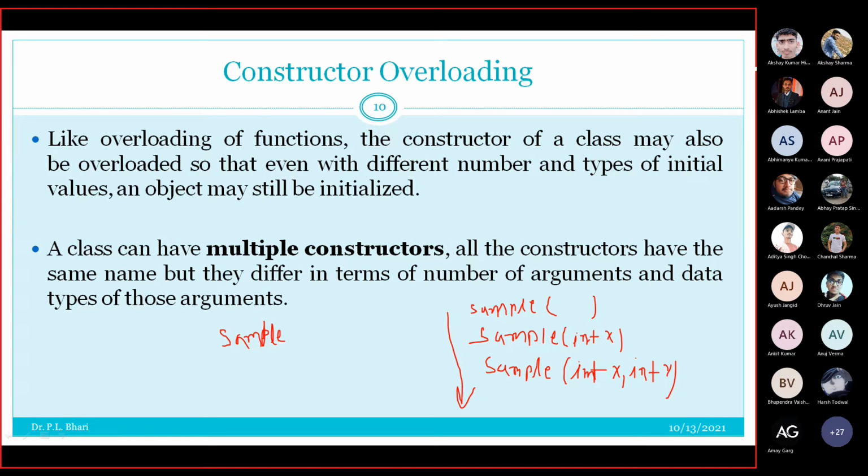So if there is a constructor P, we create an object for the default constructor, P of 5, and P of 10 and 20. These three objects you create for calling these three constructors.